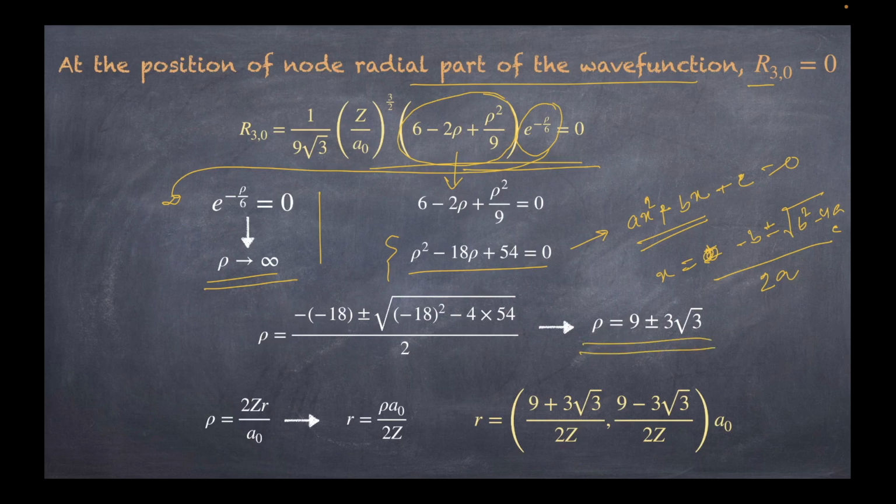Now we know that the expression of rho is rho equal to 2zr divided by a0. So r equal to, after rearranging this, rho times a0 divided by 2z. So r equal to 9 plus 3 root 3 divided by 2z a0, or 9 minus 3 root 3 divided by 2z a0.